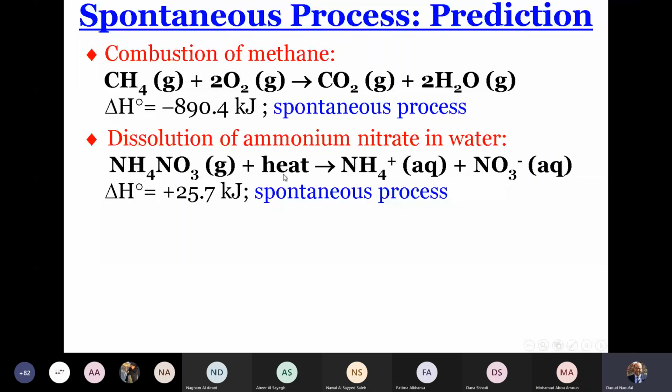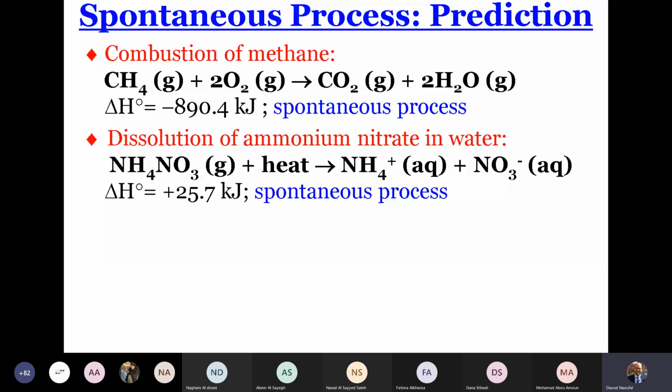Ammonium nitrate in water decomposes spontaneously to NH4+ and NO3-, and this reaction is endothermic and the reaction is spontaneous.